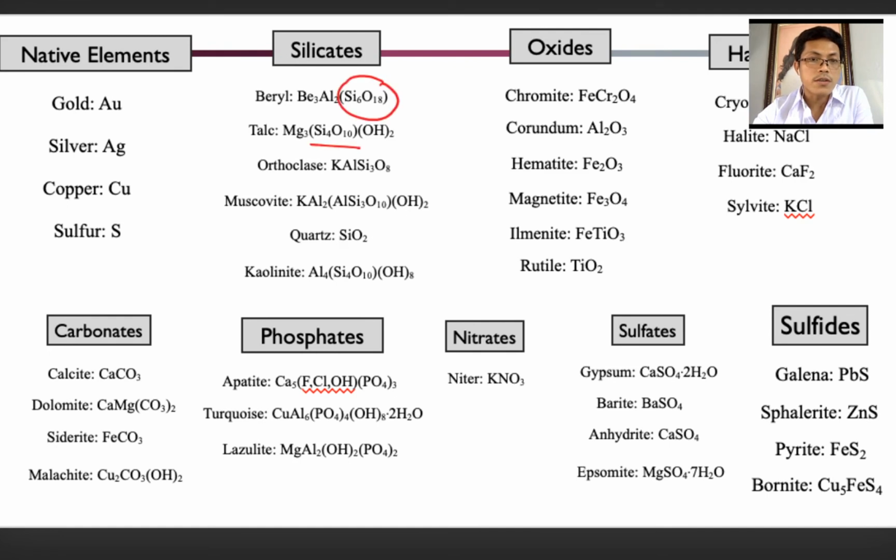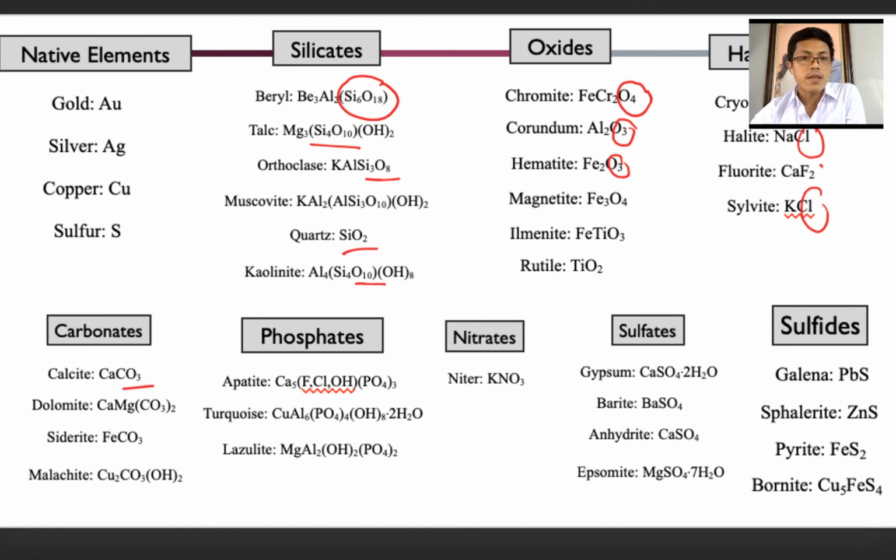Examples are muscovite, quartz, and kaolinite. Then oxides, with oxygen as the anion, O4, O3. For halides, of course, we have fluorine and chlorine, as in fluorite and sylvite. Carbonates have CO3.